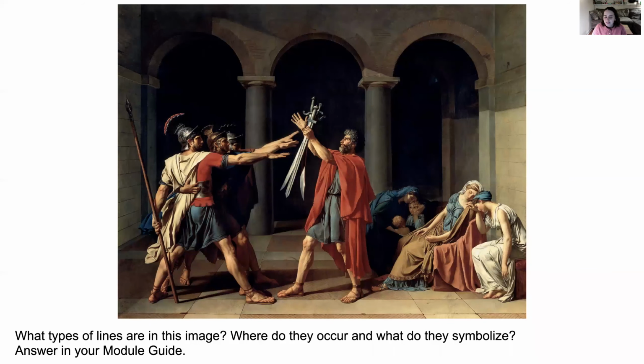Of course, you'll see some typical lines you might think of, but there's a lot of forms here that symbolize lines in the composition. The first ones I can think of are the pillars in the back. They're these strong, vertical, geometric pillars that form the architecture of the scene. So they symbolize the strength and power in the background.